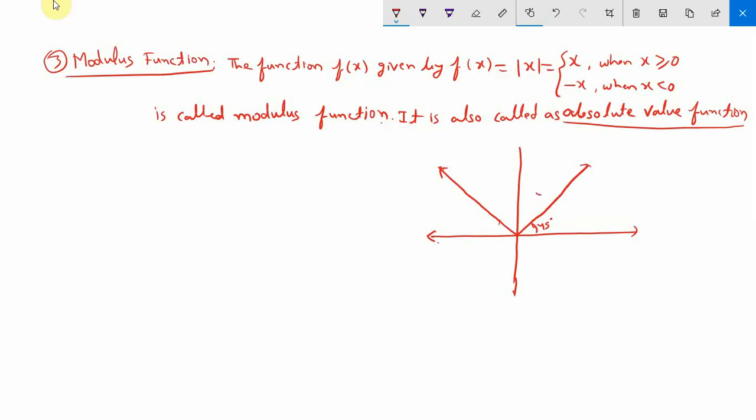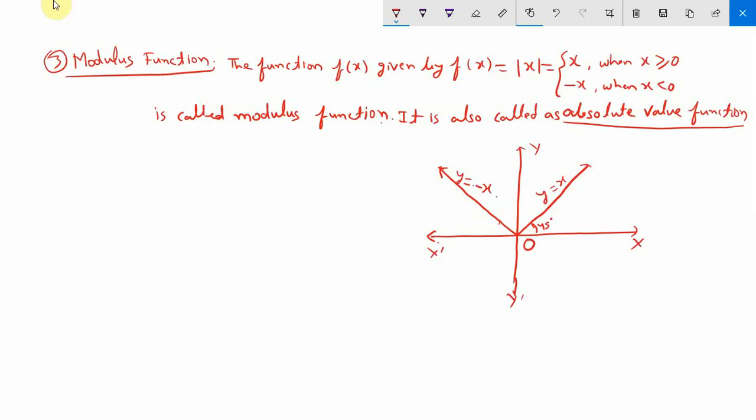So this is y equal to x and this is y equal to minus x. So y will always be positive. This is our y axis and this is our origin. Okay. So this is the graph.